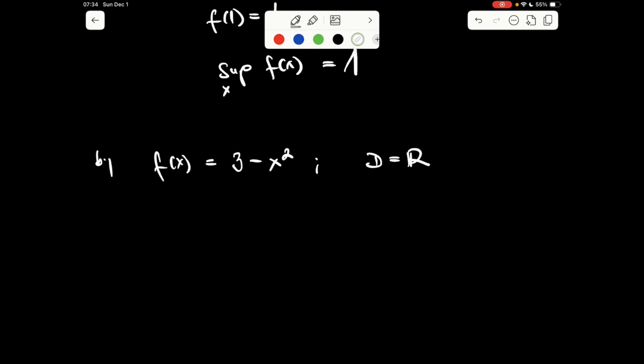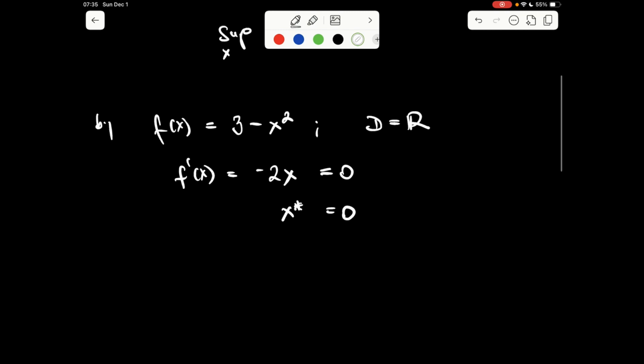To find the maximum, we need the first derivative to equal 0, and on this basis the function takes its maximum at 0.